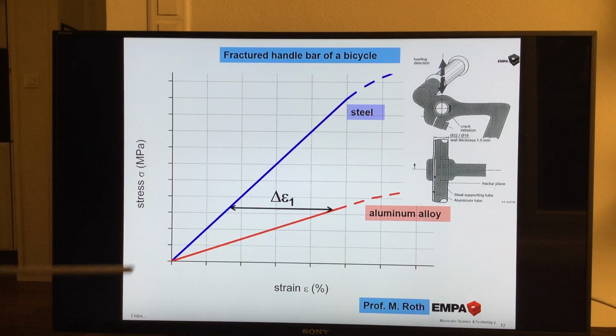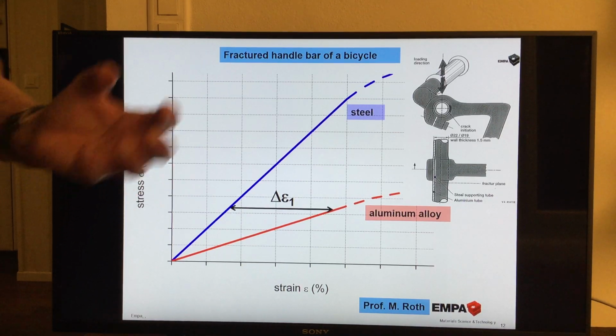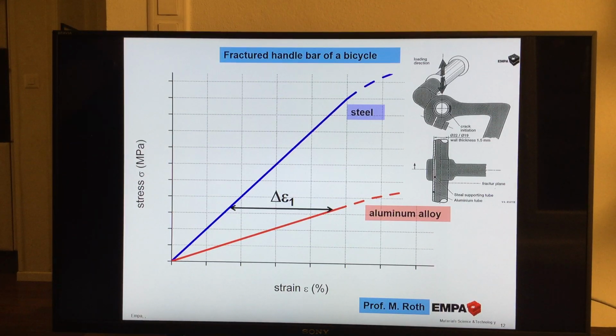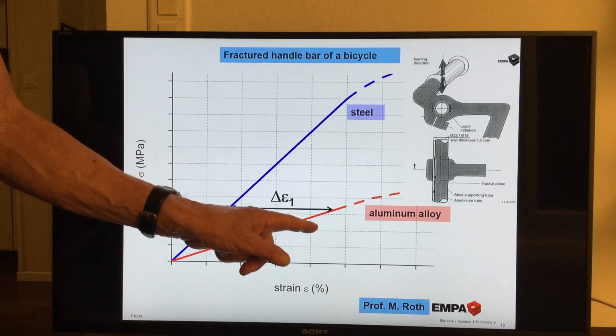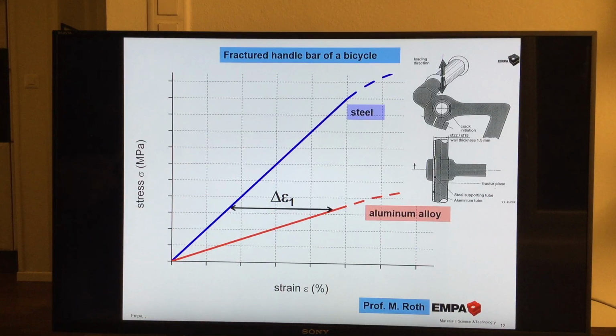We can just lower the stress here, then we have less delta strain, and there is obviously a lower limit. Now the question is, how do we lower the stress? Very easily. We just increase a little bit the diameter of that aluminum tube. And when we increase the diameter, then it's clear we have a lower stress in this component, and this is shown here.